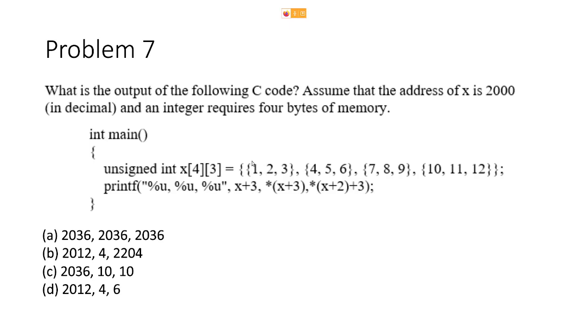This was x here, x plus 1, x plus 2, x plus 3 will be here. You're skipping all these 3 rows. Each of these 3 rows has 3 elements, right? And of size 4. So it will be 2000 plus 3 into 3 into 4.